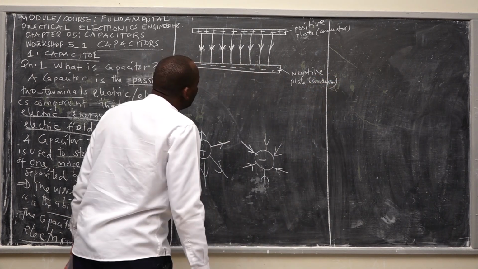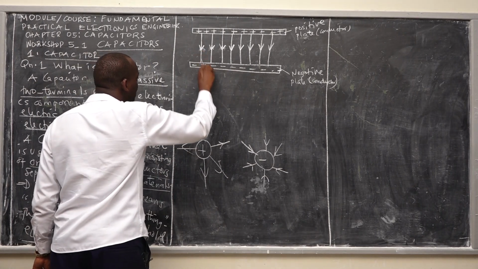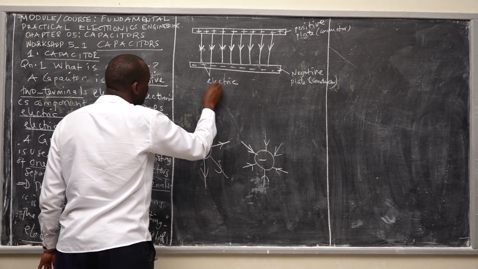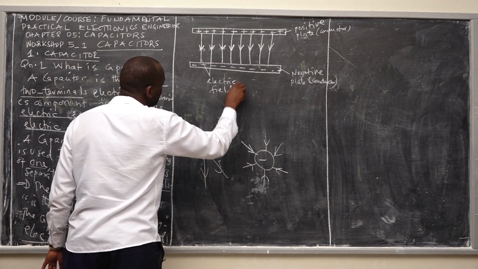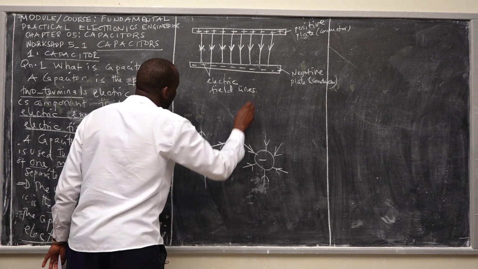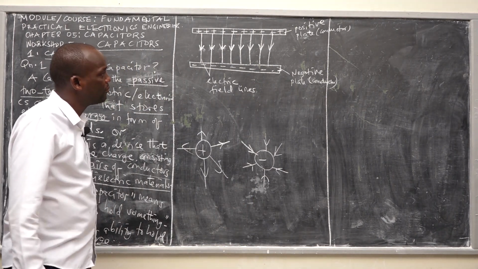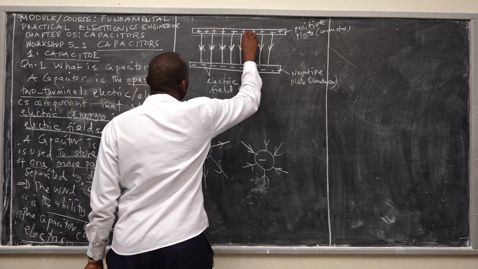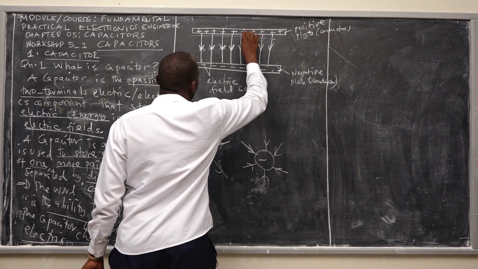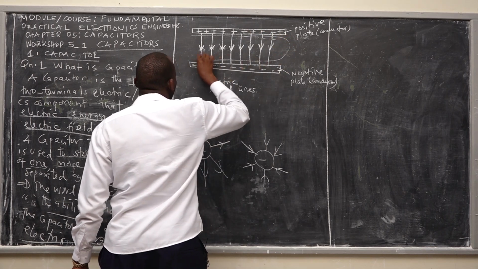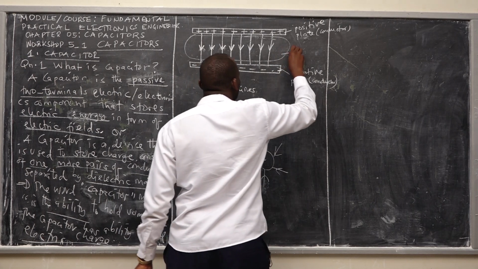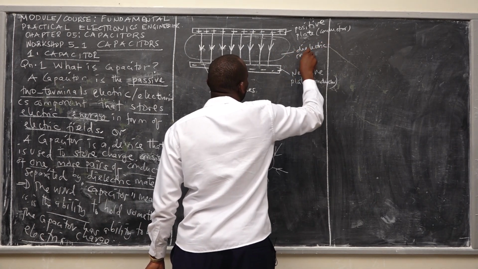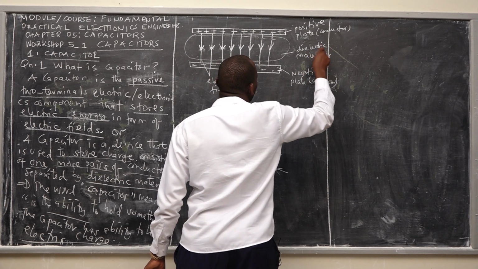Okay? And then these we call electric field lines. So stop writing and stop drawing. Just look and let us label together. Here, between these two parallel plates, this is the region where we have to place the dielectric material.